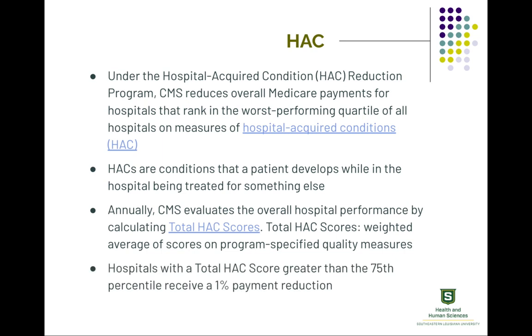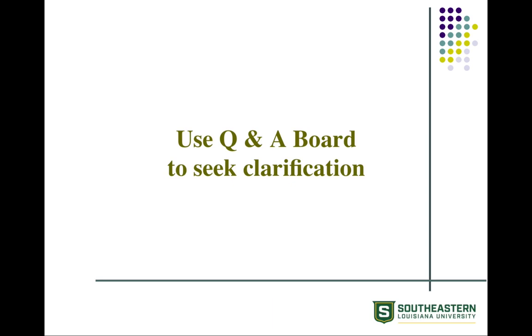For hospitals that are greater than the 75th percentile, 1% of their payment or reimbursement is reduced, so they only get 99% instead of 100%. This is one of the ways that CMS tries to get hospitals to be more conscious of the performance of quality. So that's where we end for today's class.